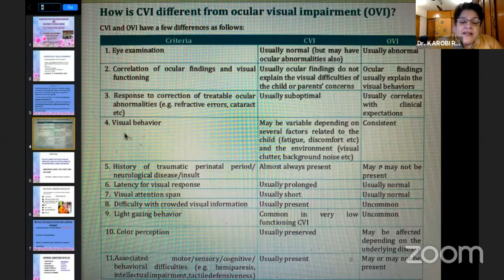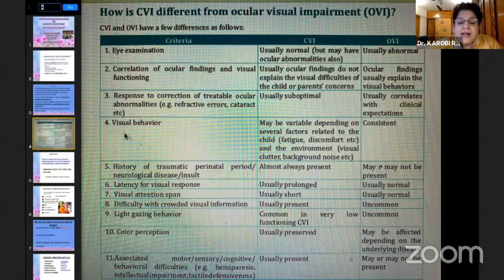A history of trauma, perinatal period problems, or neurological insult is always present in a CVI but may not be there in an OVI. The latency for visual response is usually prolonged in CVI; it is normal in an OVI. Visual attention span is usually short; it's normal in the other condition. Difficulty with crowded visual information is usually present, whereas it's uncommon in the OVI.